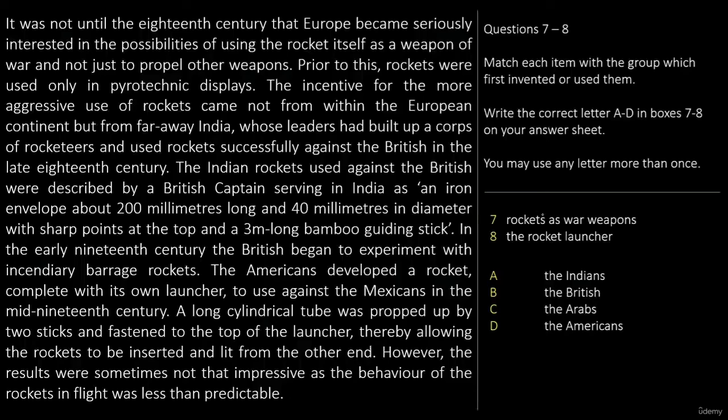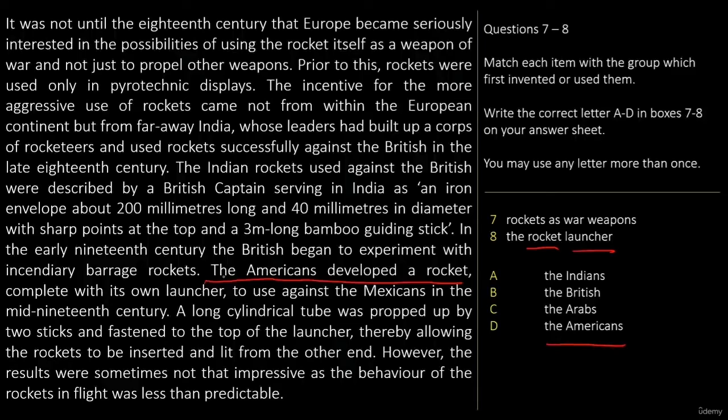Now, if you look here, you were lucky about the first part, right? Next part, this is a phrase: Americans developed a rocket, complete with its own launcher. In this part we are lucky. We are getting rocket and launcher and Americans in a single part, but in different phrases.